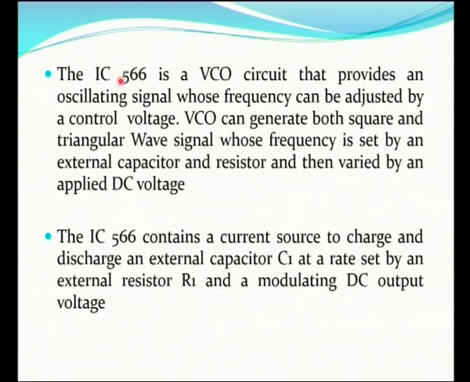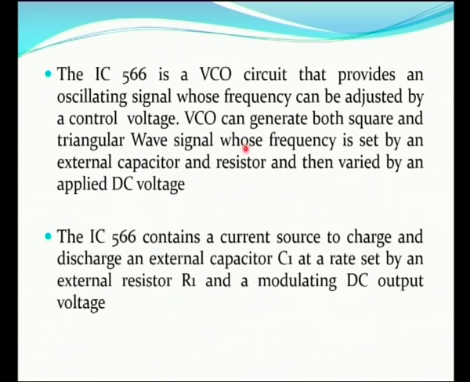The IC 566 is a voltage controlled oscillator circuit that provides an oscillating signal whose frequency can be adjusted by a control voltage. The voltage controlled oscillator can generate both a square wave and a triangular wave.